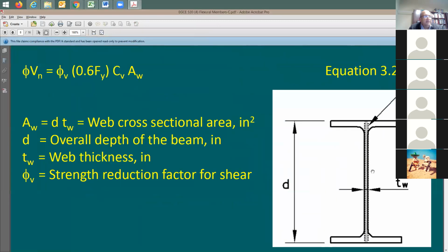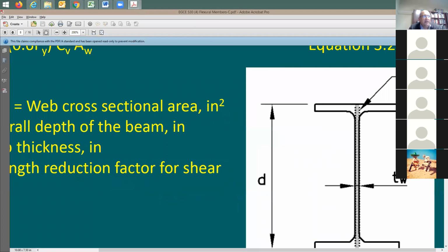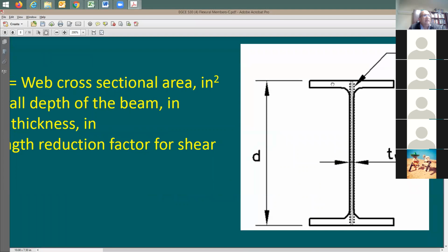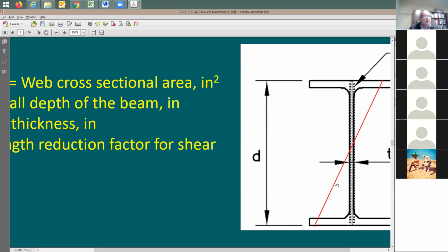Here's an actual section for the beam, and this is drawn here to scale. Look at the flange of the beam compared to the web. Now, you know that if you look here, distribution of the stress is going to be like this, right? Which means this part of the web is not really acting.